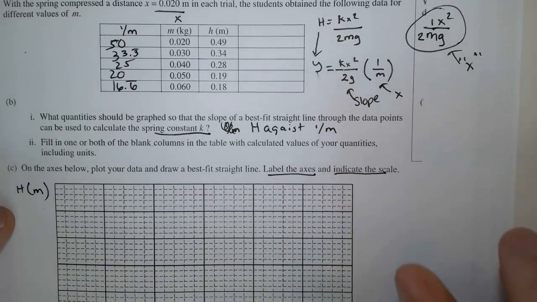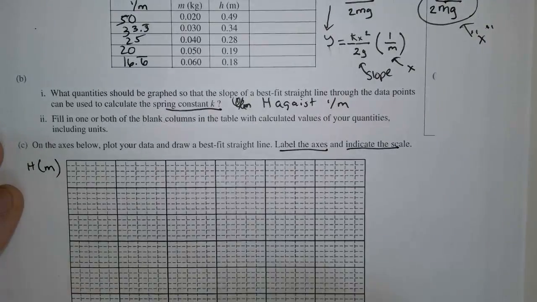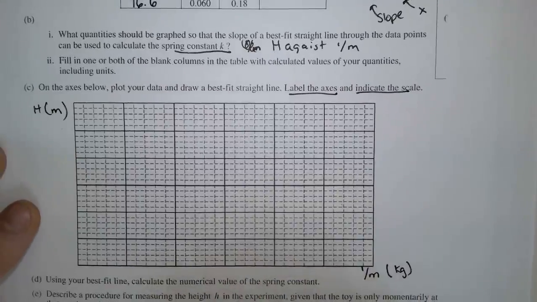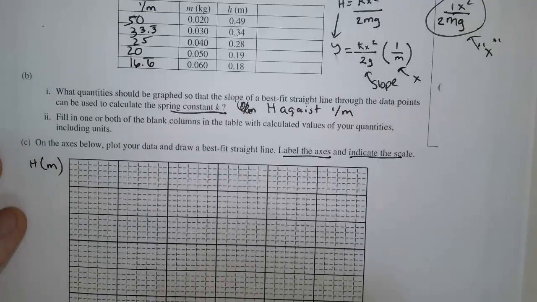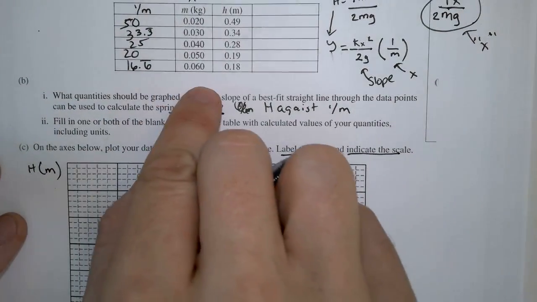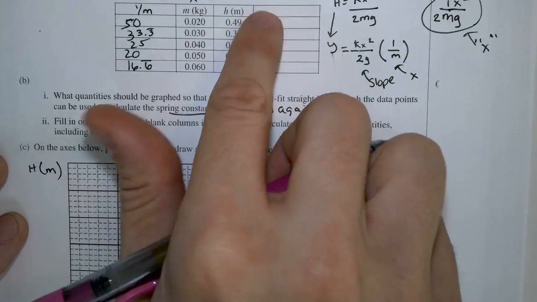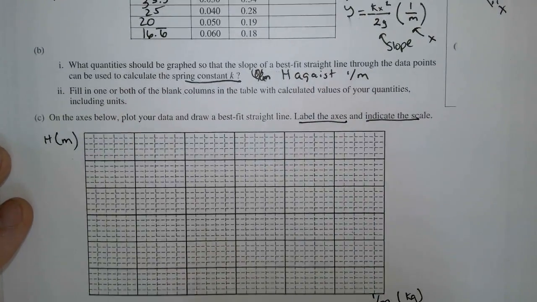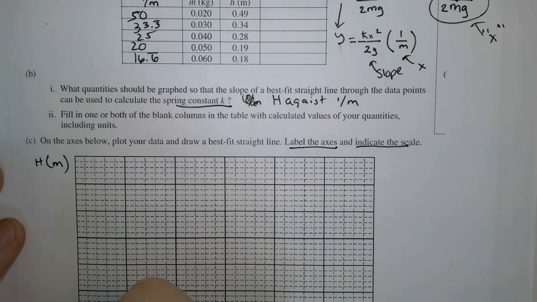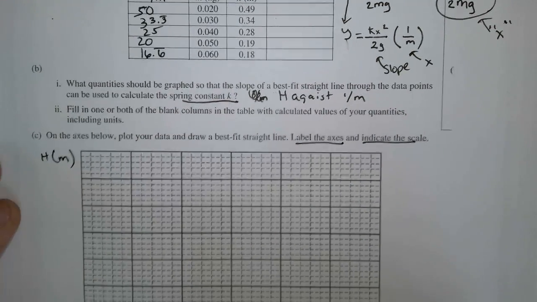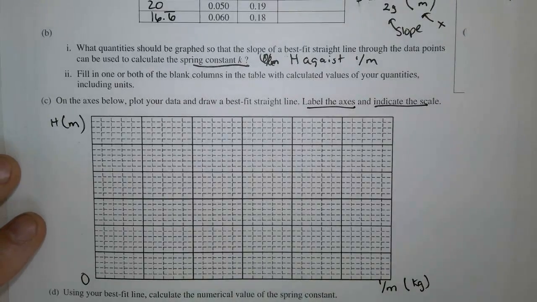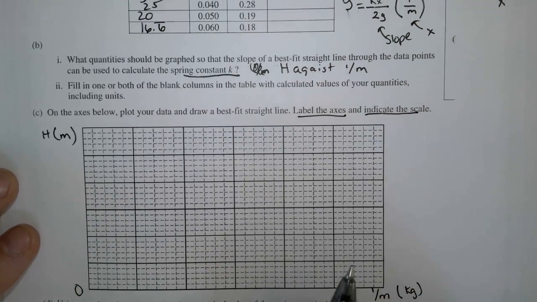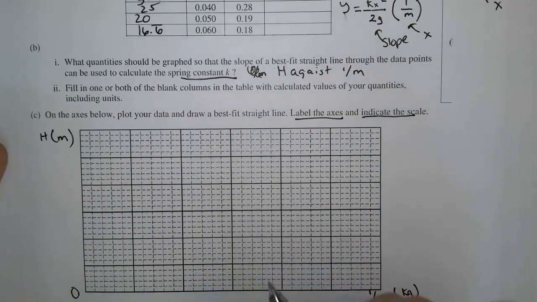Now you have to make sure that you scale it appropriately. You need to use more than half of the axis on both sides. So we need to make sure that we can go from 0.18 all the way to 0.49. AP normally doesn't really like page breaks, so we're going to try and make that fit starting at 0. With ACE and other tests, maybe you can get away with that, but AP typically starts with 0.